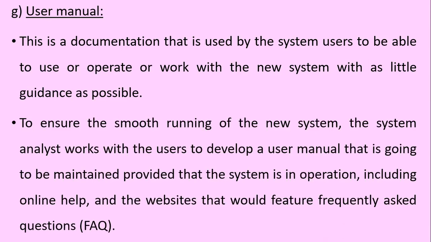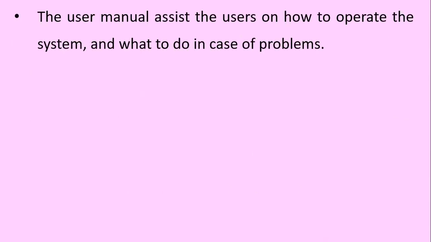To ensure the smooth running of the new system, the system analyst works with the users to develop a user manual that is going to be maintained as long as the system is in operation, including online help and websites that would feature frequently asked questions. The user manual assists the users on how to operate the system and what to do in case of problems.